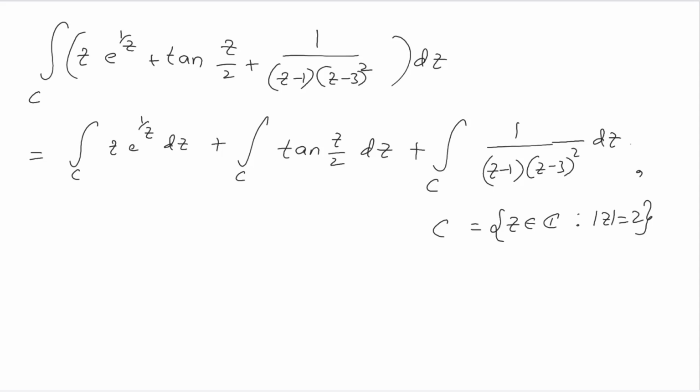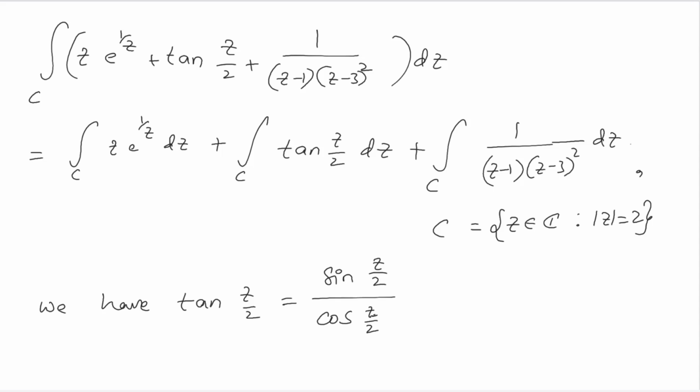So firstly, let's look at the function tan z divided by 2. We have tan z divided by 2 as sin z divided by 2 divided by cos z divided by 2.